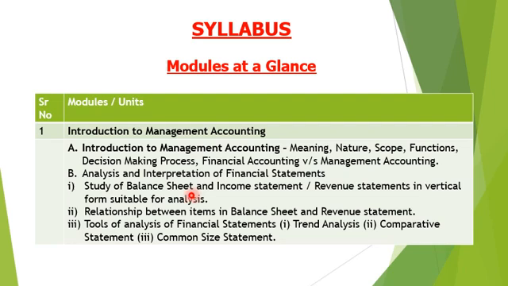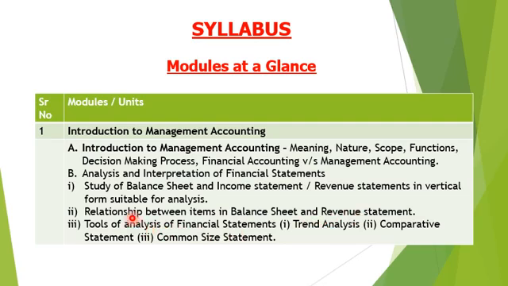In S.Y. B.Com, we learned the balance sheet in horizontal form and the trading and profit and loss account. But in management accounting, the balance sheet and the income statement are prepared in vertical form for analysis. The third topic is the relationship between the items in the balance sheet and the revenue statement.